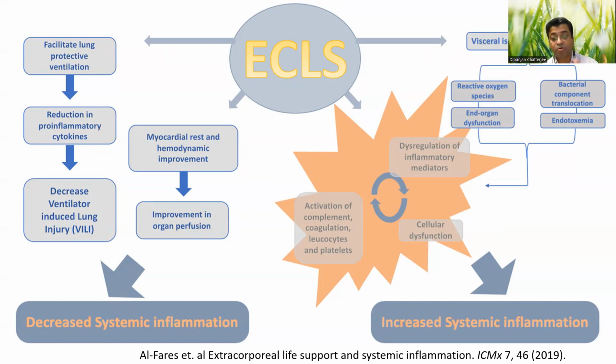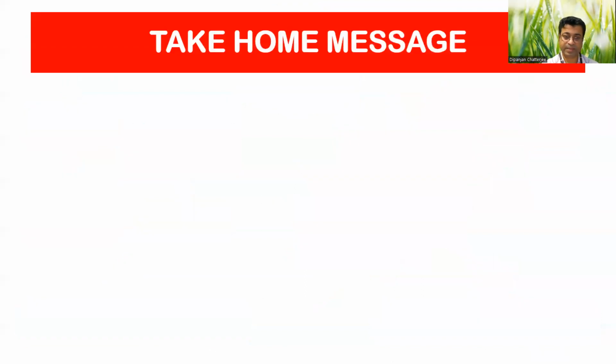But there is also activation of the inflammatory response in the circuit and in the membrane because it's an extracorporeal circuit. That will increase the systemic inflammation. So there is a balance between the increase and decrease in the stress response.